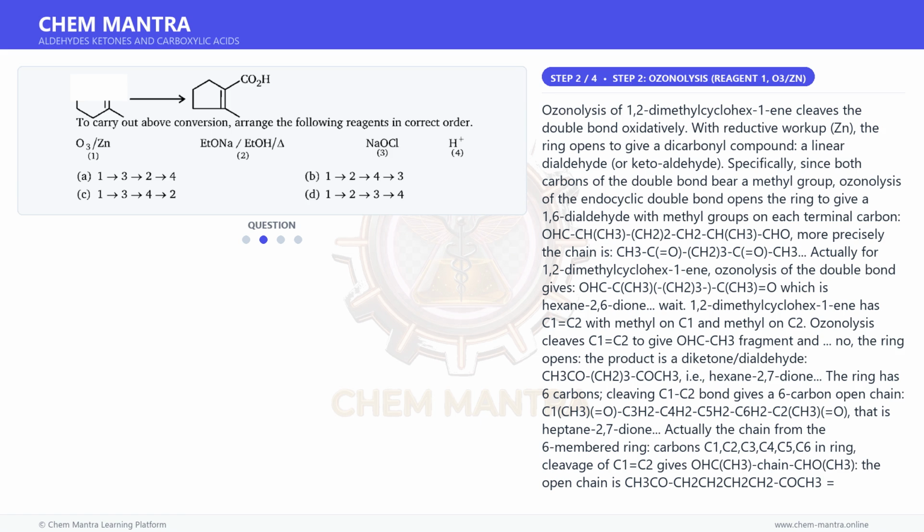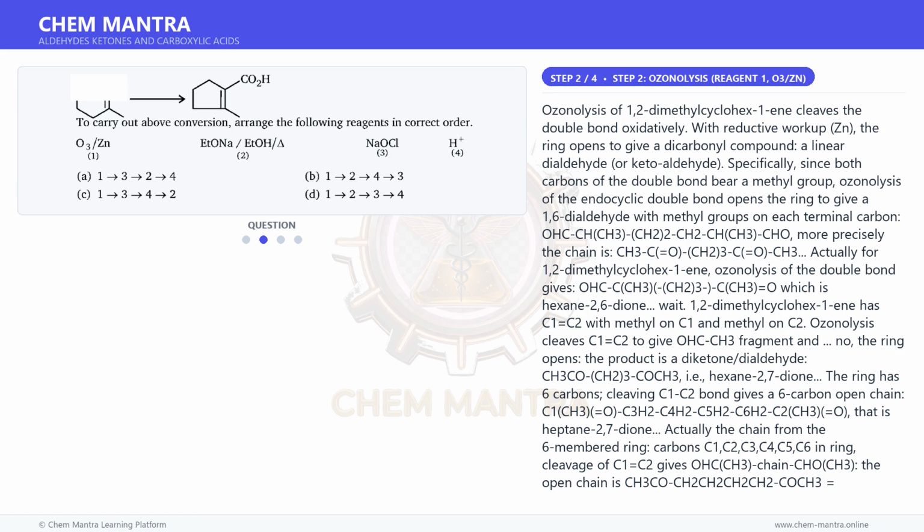Specifically, since both carbons of the double bond bear a methyl group, ozonolysis of the endocyclic double bond opens the ring to give a chain with a carbonyl at each end.